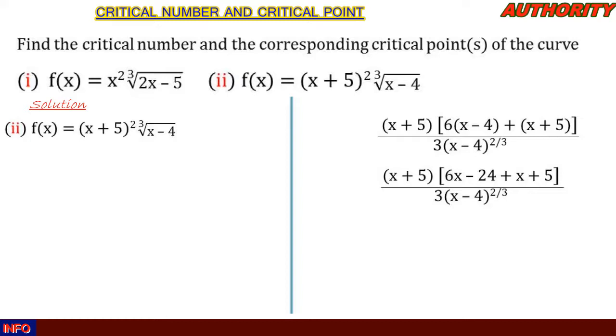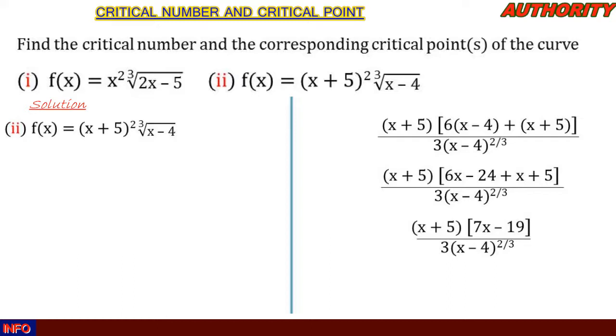Now we have plus x plus 5, all over 3 open bracket x minus 4 in bracket raised to power 2 all over 3. Still in the bracket, we have 6x minus 24 plus x plus 5. So when you say 6x plus x, it's going to give us 7x.